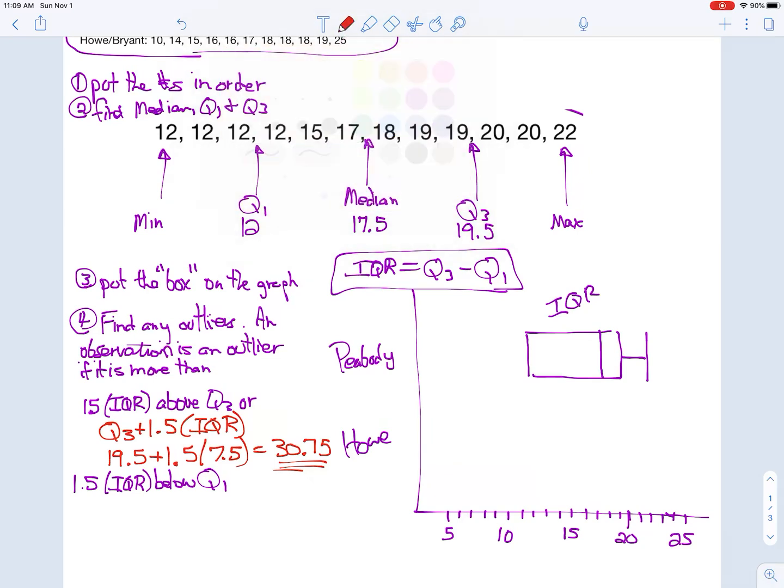Back to the test for the left outlier. If it's 1.5 times the IQR below quartile 1, that means I'm going to take Q1 minus 1.5 times my interquartile range. And that means my quartile 1 is 12 minus 1.5 times my interquartile range, 7.5.